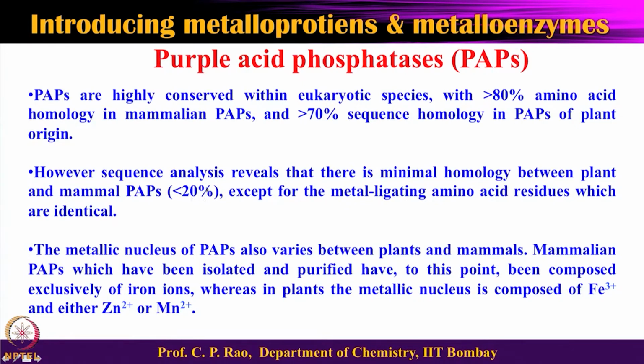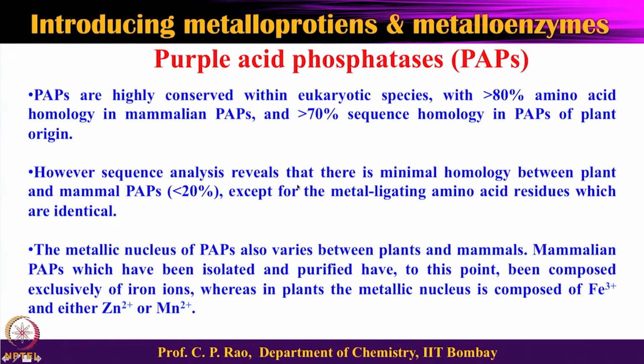There is only 20% overlap. Between the eukaryotes and the mammalian, there is a huge percentage of amino acid overlap and sequence homology, 70 to 80%, whereas there is only 20% sequence homology between the plants and the mammalian.